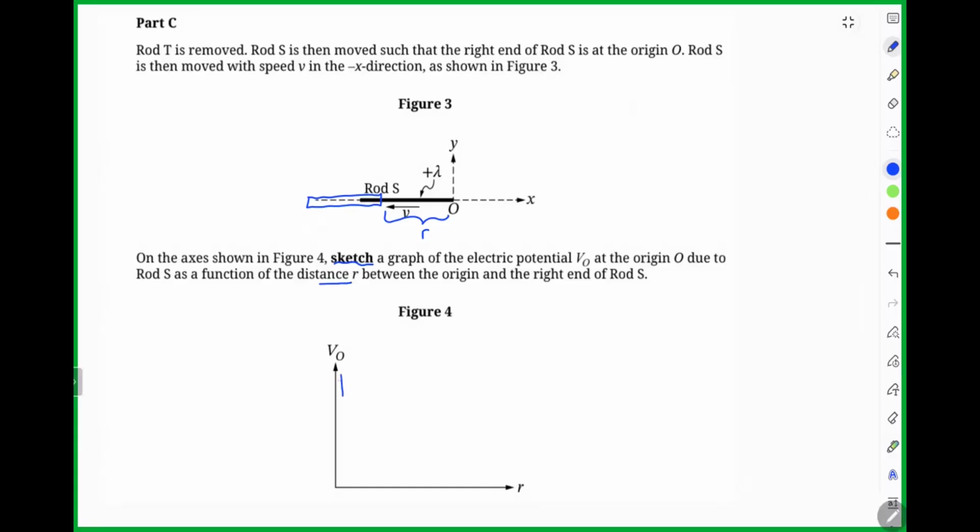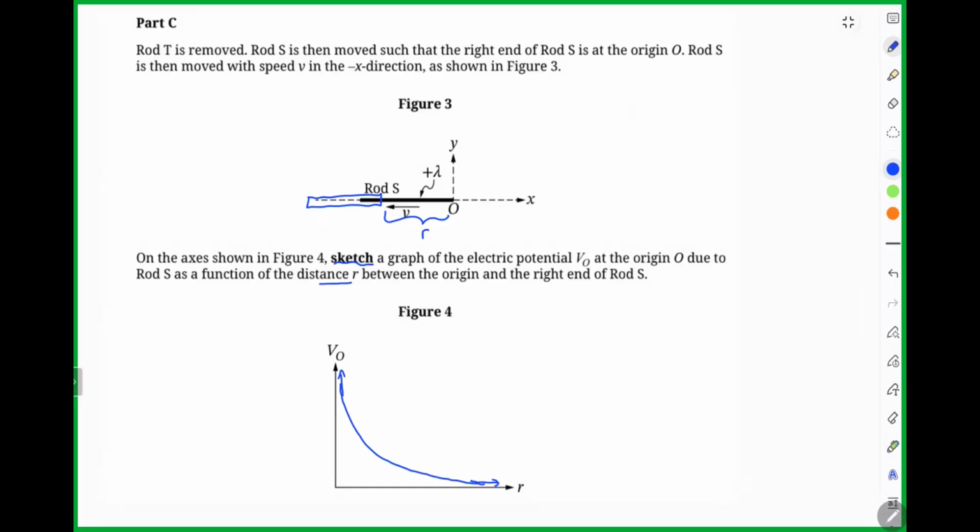So I'm going to expect a vertical asymptote right there. Secondly, I'm going to expect that as we go infinitely far away, our potential approaches 0, and that's enough for me to draw a rough sketch with no need to do the full integration.